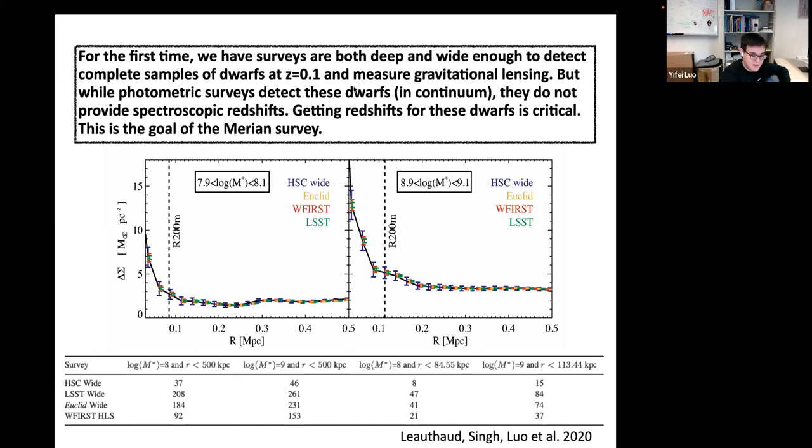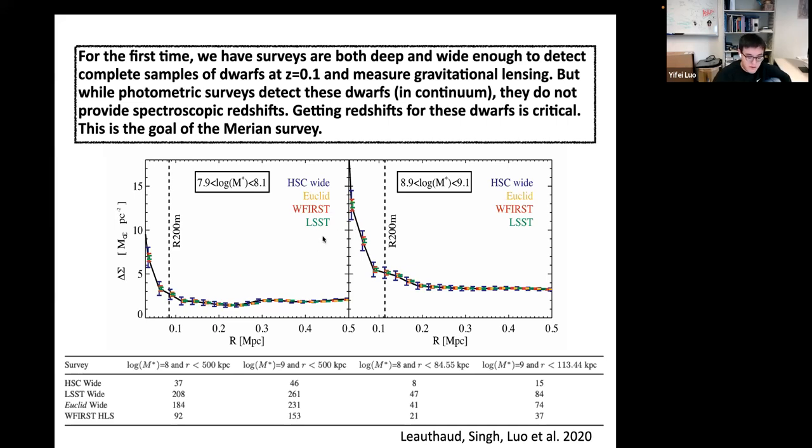But the thing is, there's a problem, because in the forecast here we assume we can detect all the dwarf galaxies in those surveys, and we assume we can get their precise distance measurement, so basically a precise redshift.